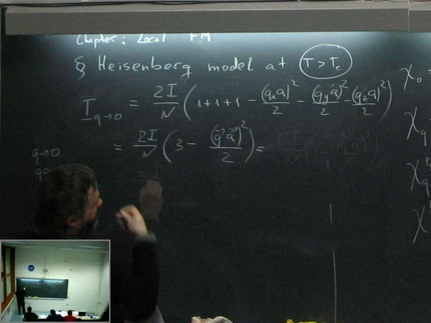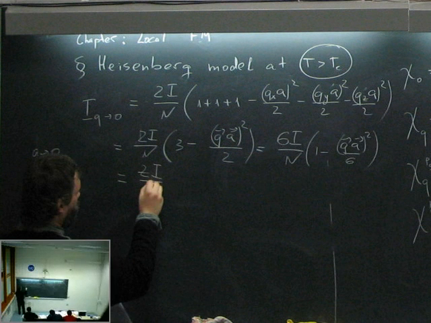Or it is equal to zI over n, 1 minus qa squared over 6. Okay? So now I plug in this I q.